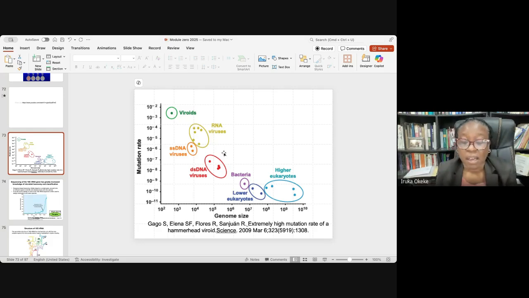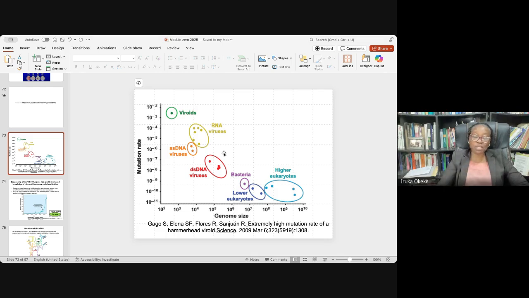Now why would eukaryotes have very low mutation rates? It turns out that the majority of mutations either have no consequence or a really bad consequence.